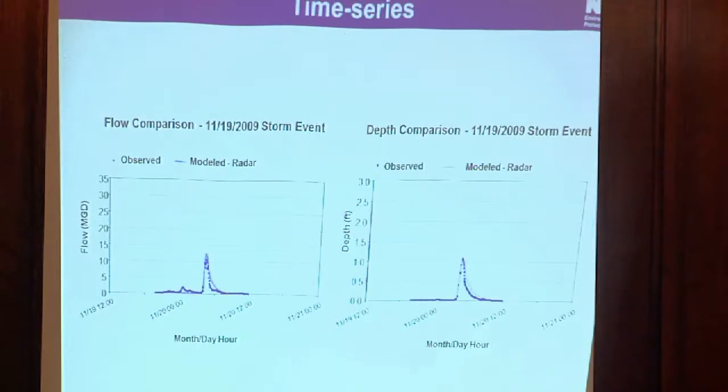An example of the time series where you have flow: this is the dry weather period, and then flow starts coming in, and then during the peak event, peak flow was here, and then it starts subsiding. The dotted values are the observed, and the line is the model. So again, we see a general, decent calibration, and we use this as a metric for assessing the adequacy.